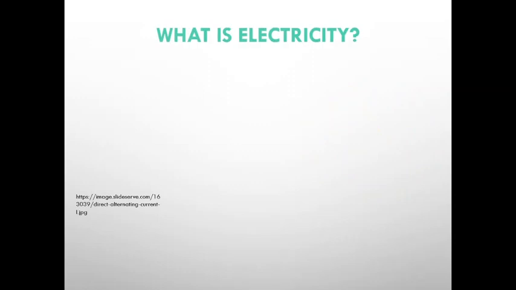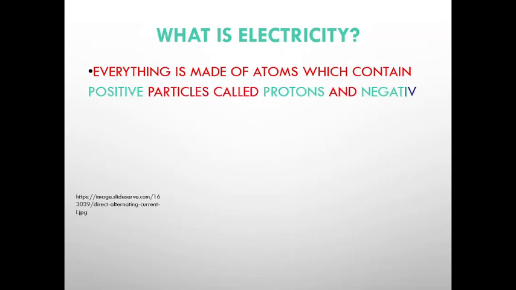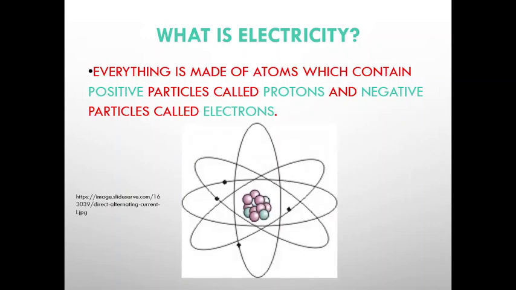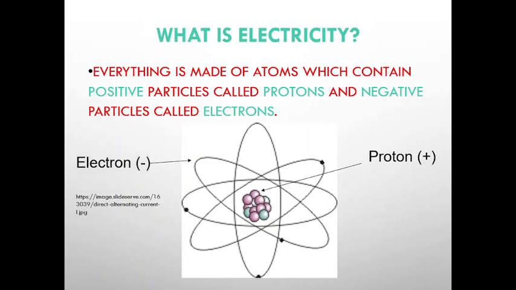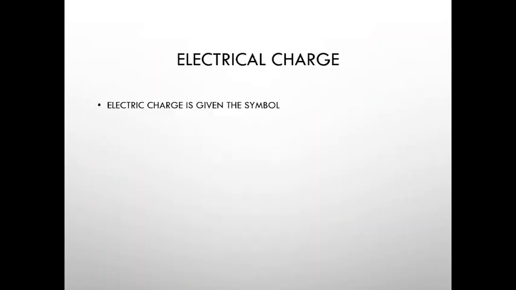Everything is made of atoms, which contain positive particles called protons and negative particles called electrons. This is an example of this. This is our proton, positive. This is our electron, negative, and this is our neutron in the center. It is neutral.